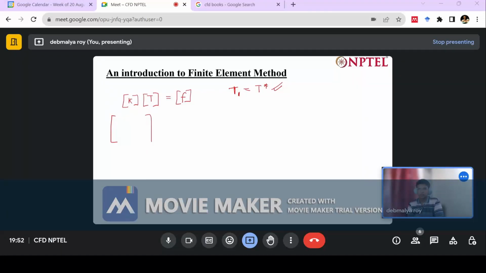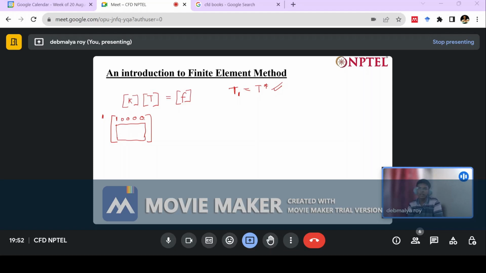So let's say if T1 is specified, we would prefer that row 1 be substituted. We can substitute row 1 in such a way that the diagonal element, the first element, is 1, and the rest are all 0. So the rest of the matrix stays intact. I am not touching this portion.